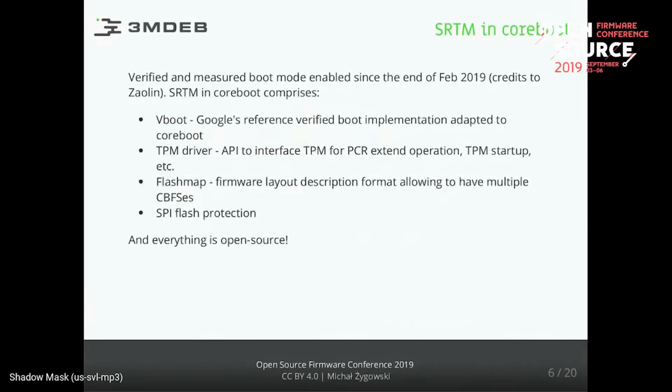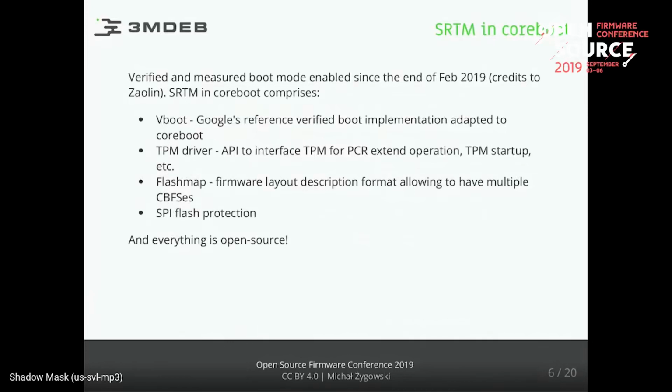The first component, and the most crucial, is vboot, which is Google's verified boot reference implementation. Then the TPM driver, which is responsible for all the low-level access to the TPM. It's a part of the coreboot code base.